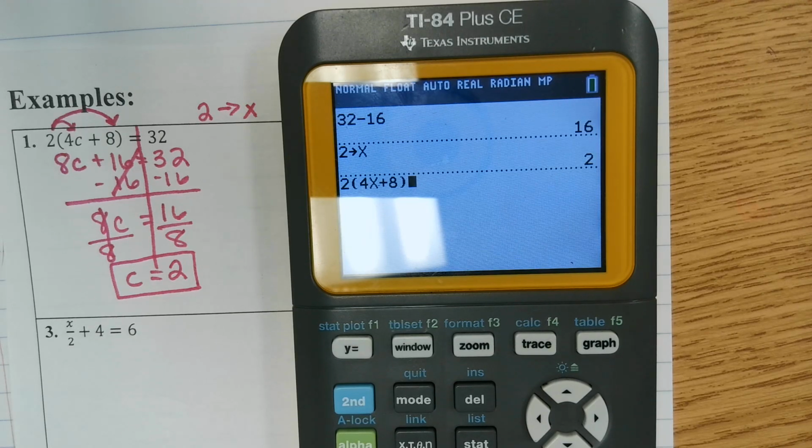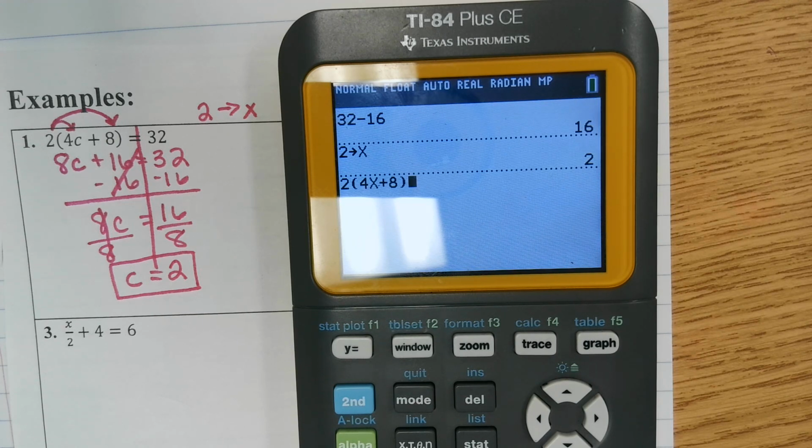I want to see that everybody's checking their answer by using the store button. Y'all use that store button. I want to see y'all's calculators. Put it in the store button, and then put in the left side of the equation: 2 parentheses 4x plus 8. Did you put in 2 store x already?